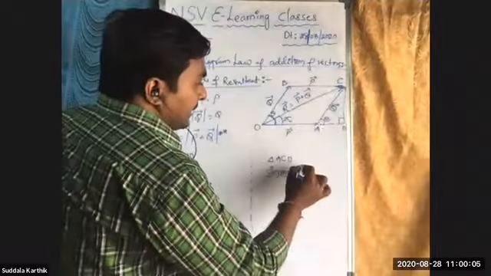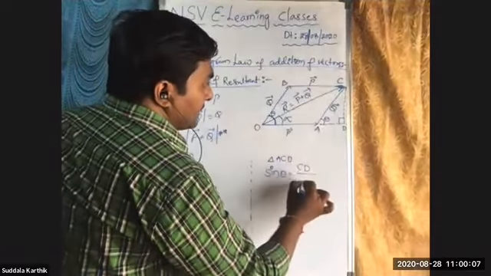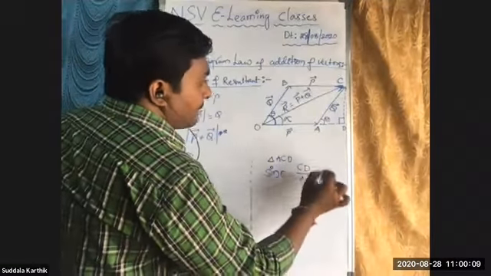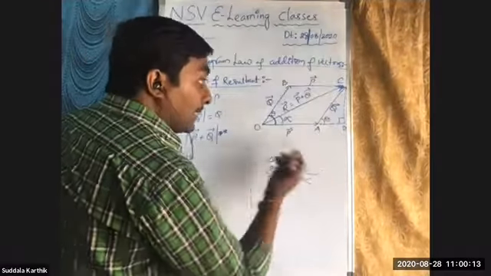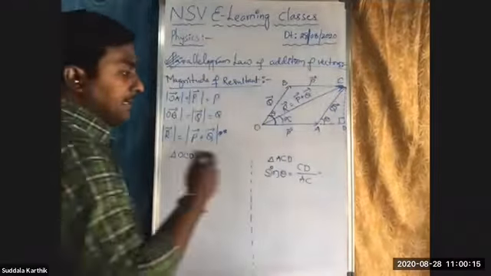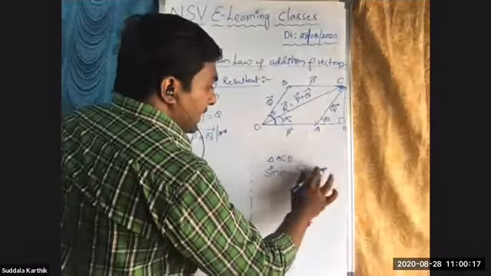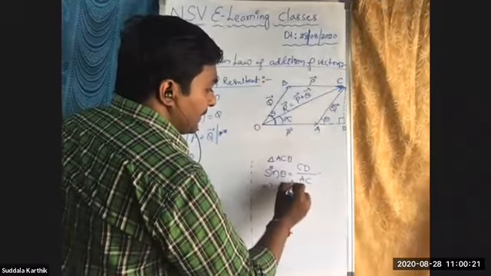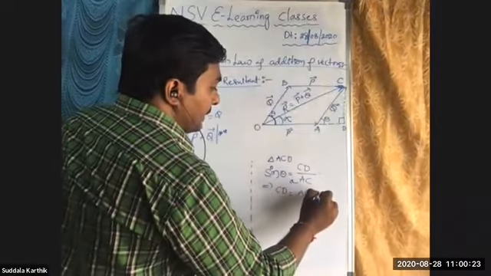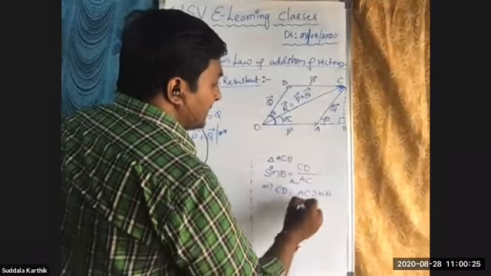Opposite side is CD, hypotenuse is AC, so sin theta is CD by AC. CD I don't know, but my target is CD. I am writing CD is equal to AC sin theta. AC is how much?